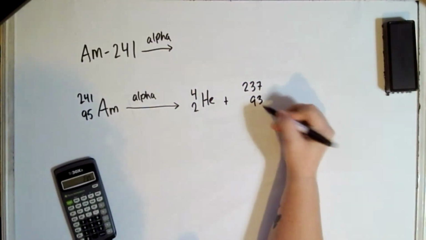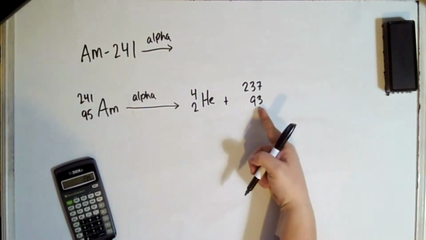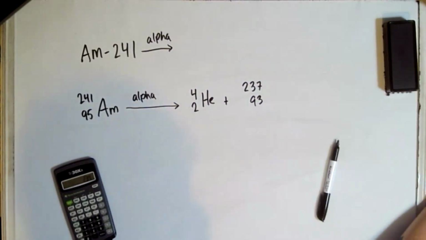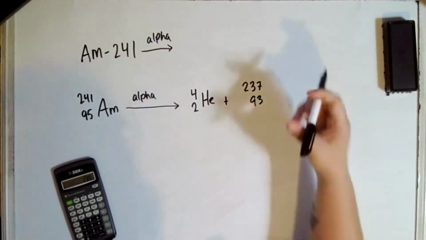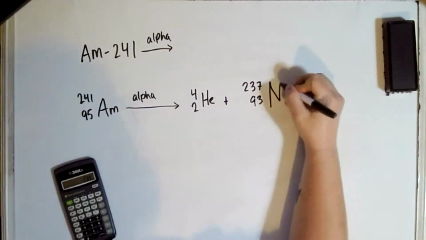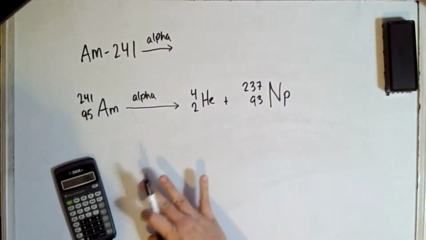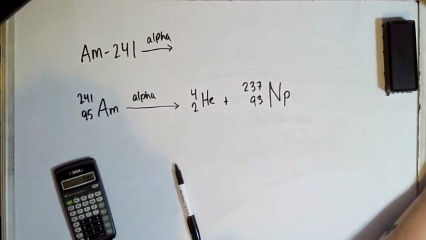So that means I'm going to have 93 protons left over for my daughter nucleus. And then I'm going to look on my periodic table for atomic number 93, and that is going to be neptunium, which is Np. Okay, so that's going to be my complete nuclear equation.